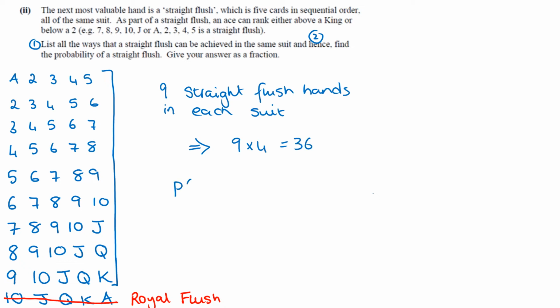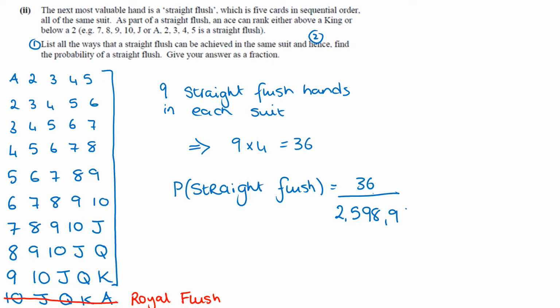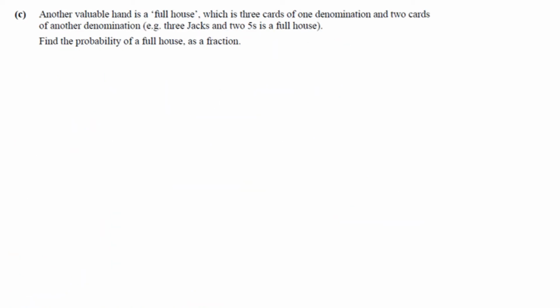So then the probability of a straight flush is going to be 36 over the total number of hands, which is about 2.5 million, 2,598,960, and if you simplify that down, we get 3 over 216,580.